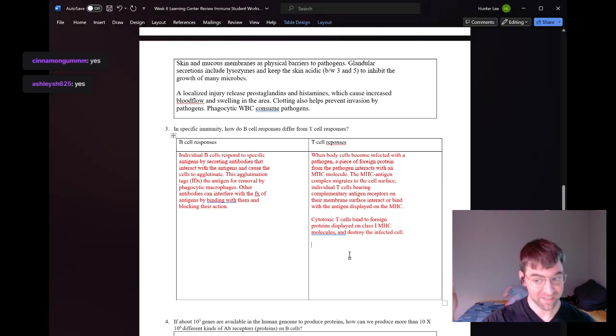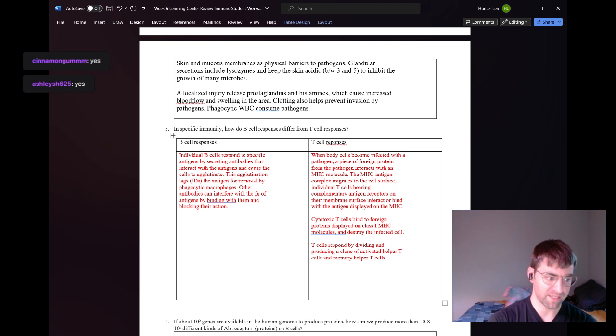We've already named a lot of them in this little bit here. Memory helper T cells and memory B cells are both involved in long-term, accelerated response and immune memory.